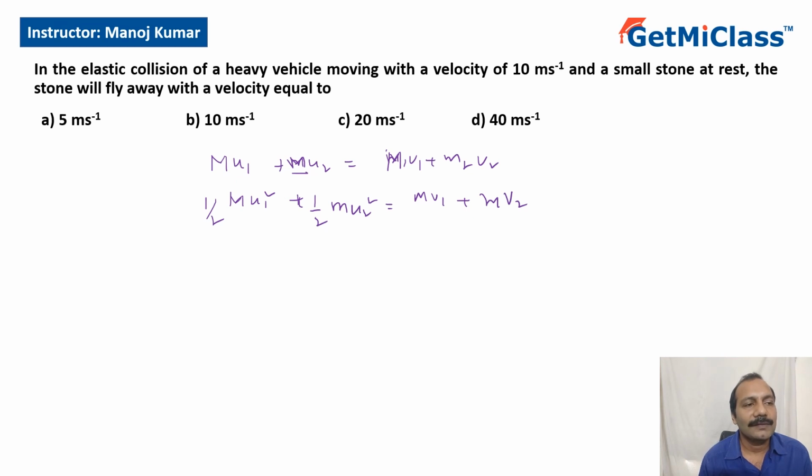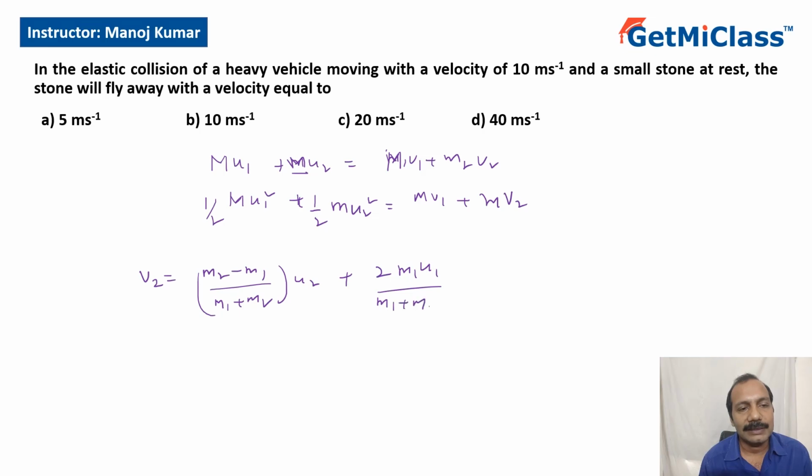Now after solving this, we end up with an expression that velocity of the second body is m2 minus m1 by m1 plus m2 into u2 plus 2m1 u1 by m1 plus m2. This is what is the velocity of the second body. Now what all things we know?